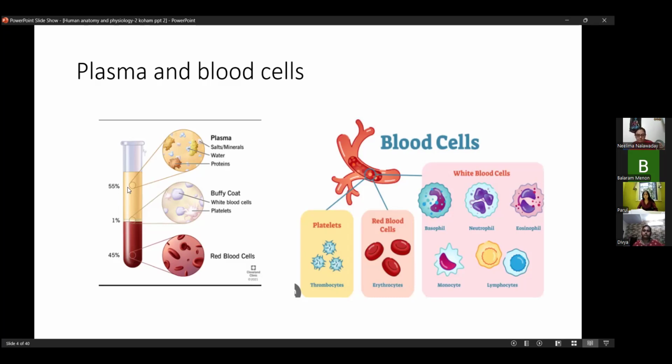And this part, which you can see yellowish in color, is called plasma. So we can see two separate layers of fluid when they take blood in the lab for blood investigation in a glass pipette. Plasma is made up of salts, minerals, water, and proteins. And blood cells are red blood cells, white blood cells, and platelets. So these are just the components of blood.